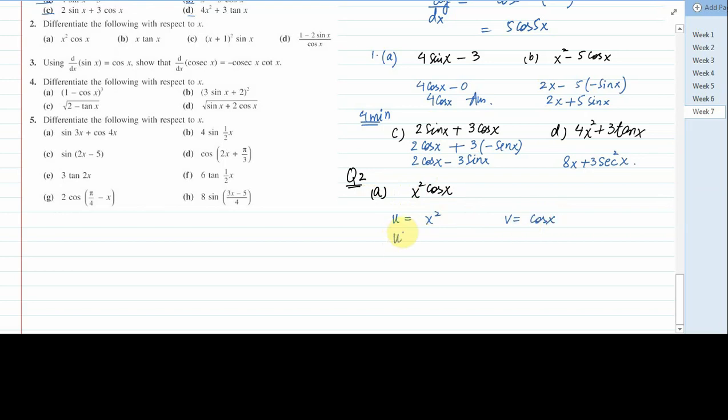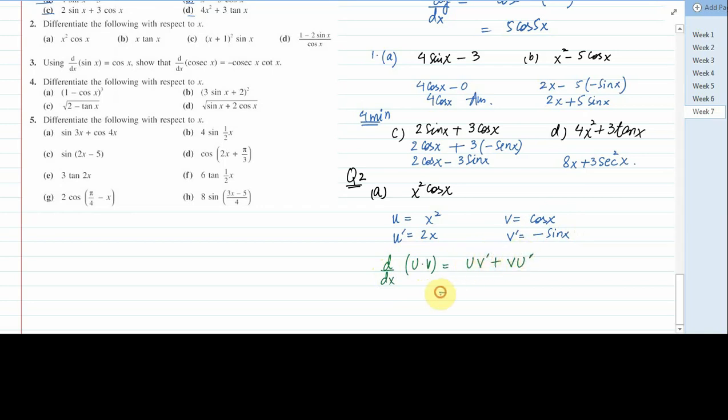So u dash is equal to 2x and v dash is equal to the derivative of cos x, which is minus sin x. The working formula for d by dx of u into v is u derivative of v plus v derivative of u.